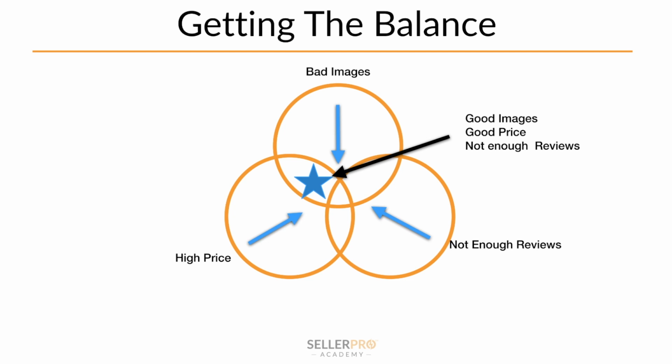So what happens if it's a little bit off to the left? This would show that your images are really great and the price is also good, but you don't have enough reviews because you're outside of that review circle. This means it's going to be really hard to convert people, in two ways. One is PPC, so paid advertising.